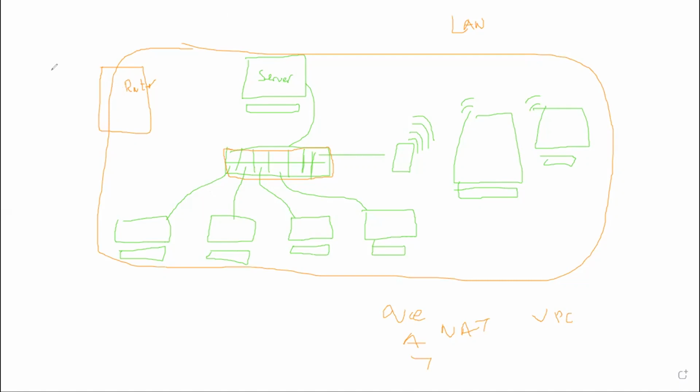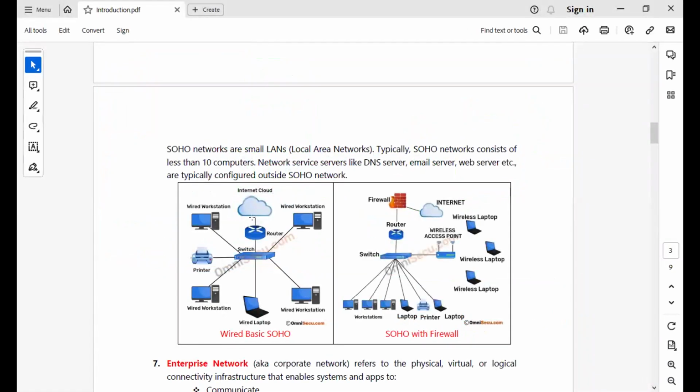A router. Okay, and that's what you see in that diagram. This router here, before they can go to the internet. The same way before any device on the internet can talk to any of these devices within your network, they have to pass through the router.